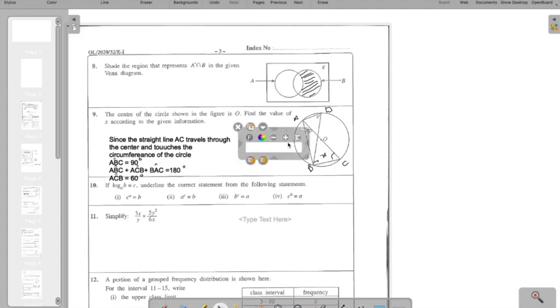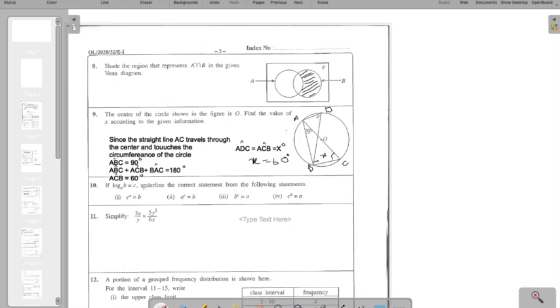Now put ADC equals ACB equals x, right? But we have proved here ACB equals 60. So therefore x is equal to 60 degrees. Great. Now let's move on to question number 10.